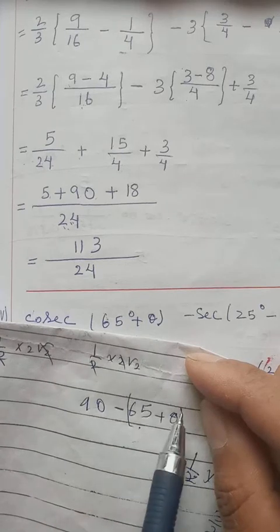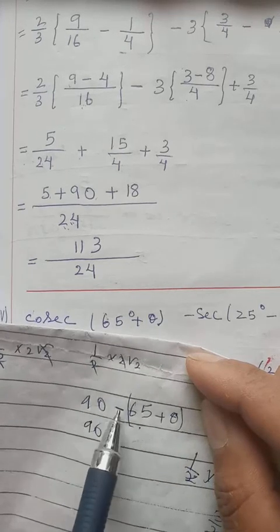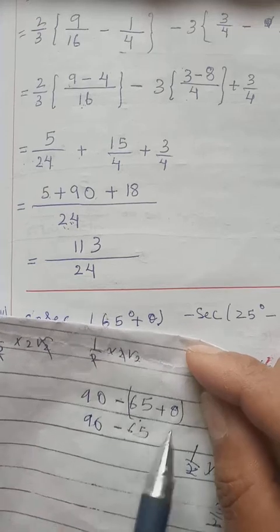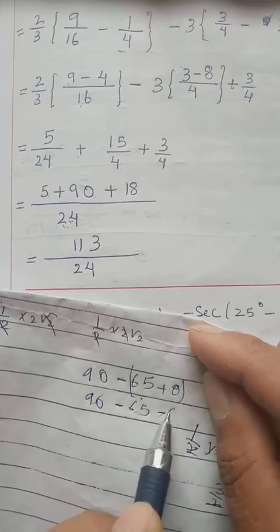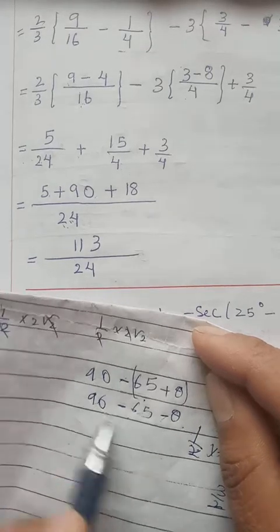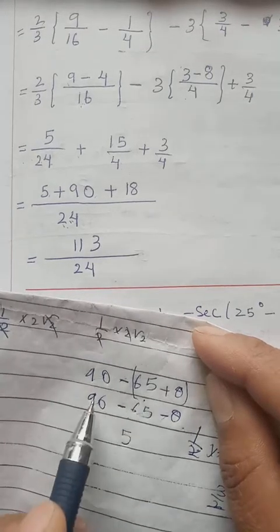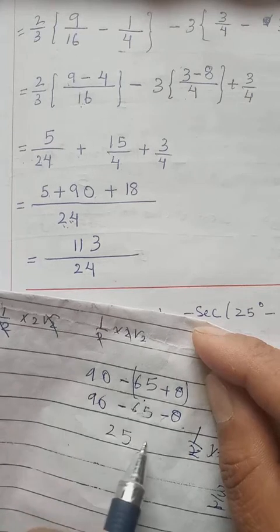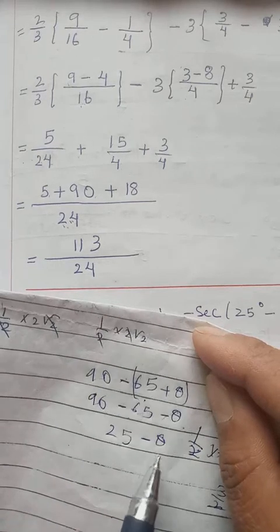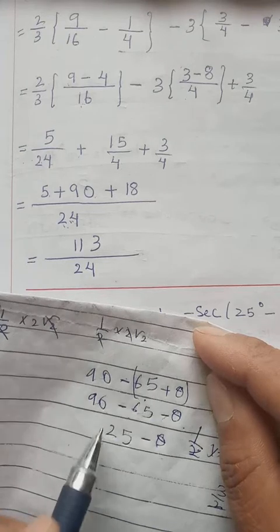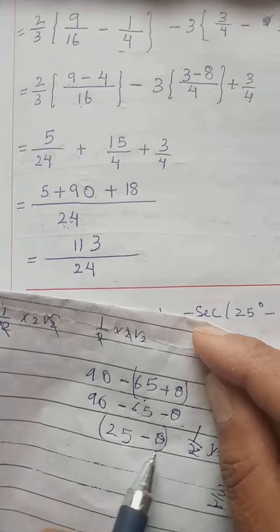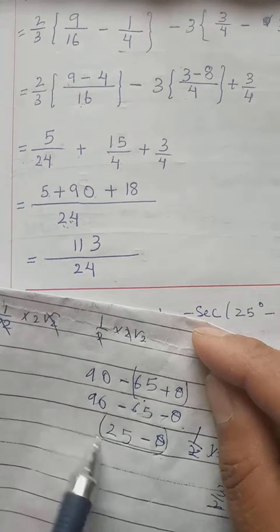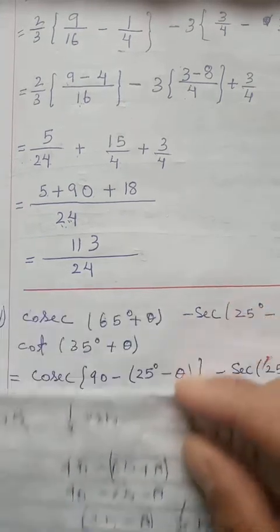So minus into plus is minus, minus into plus is minus. 10 minus 5 will be 5, 9 will be 8, 8 minus 2, so it will be 25 minus theta. This one has theta, this one has no theta, so we cannot subtract anymore. So to change cosec to another function, in place of theta we have to put 25 minus theta.